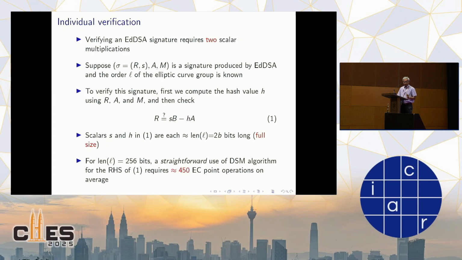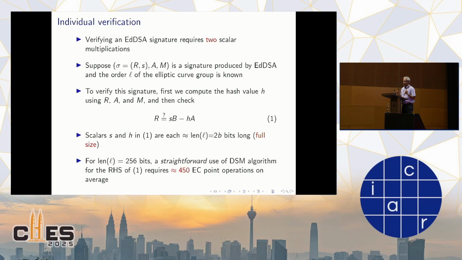So when we have this L of 256 bits, the straightforward use of DSM, the double scalar multiplication algorithm I referred to in the previous slide, then the right-hand side of equation 1 will require about 450 elliptic curve point operations. The majority of these operations are actually point doubling.